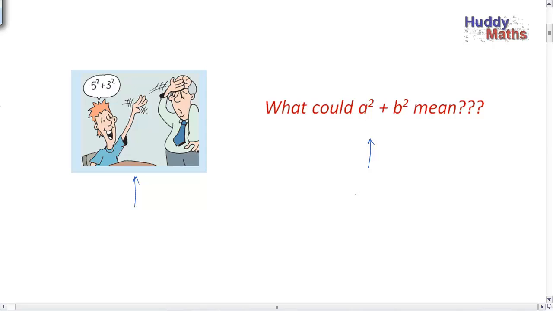Well, a could be standing for a number, and so could b, as you know from before. So in this problem, a could be 5 and b could be 3. But we don't know, so it may not be those two specific values. It could be other values. And there's the first idea of one of our tools of algebra. We introduce letters standing for numbers. And I don't know whether you remember the word for that.